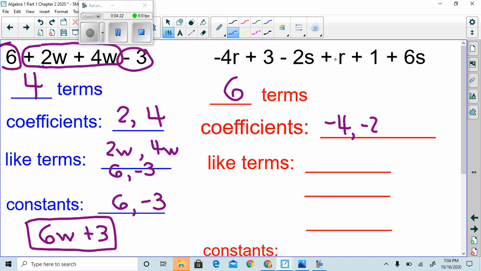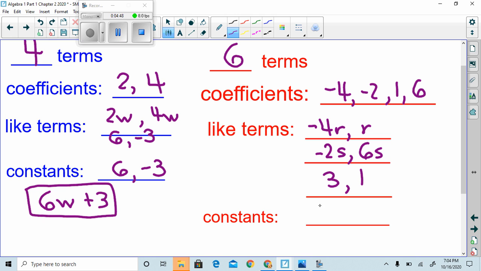Remember, if there's no number in front, it's a 1, and 6. Like terms, well, negative 4r is like r because the same variable raised to the same power. Negative 2s is like 6w. And I have 3 and 1. The constants are also like terms.